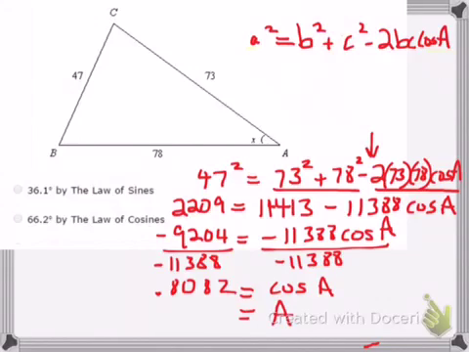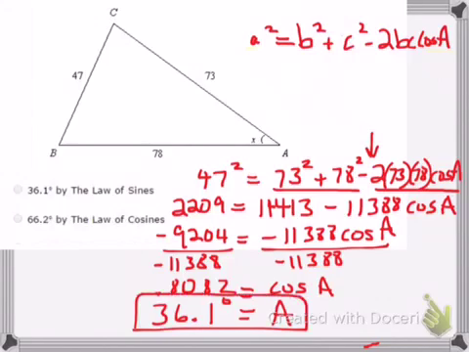So angle A is going to be the inverse cosine. If the unknown value is an angle, we have to use the inverse cosine to solve it. The inverse cosine of 0.8082 gives us 36, and it said to round to the nearest tenth. So 36.1 degrees is what we get using the law of cosines.